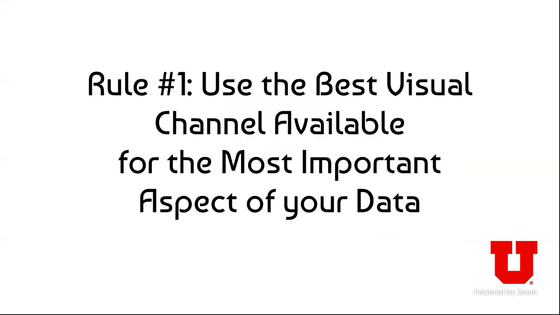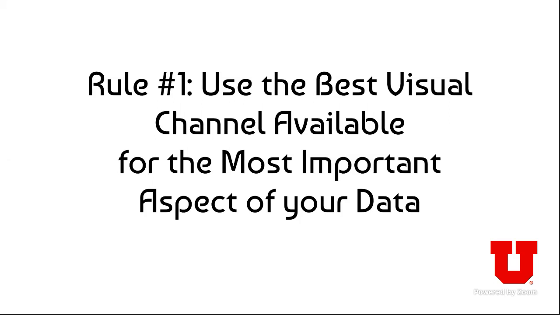So the first rule that we already talked about in the last lecture is use the best visual channel available for the most important aspect of your data. Just recall in the last lecture, we talked about how different channels have different properties. For example, position is the most powerful visual channel, and so you should always use that if you can.